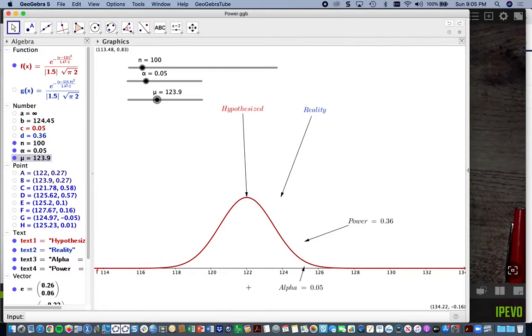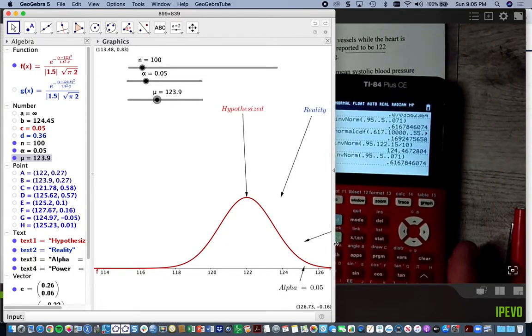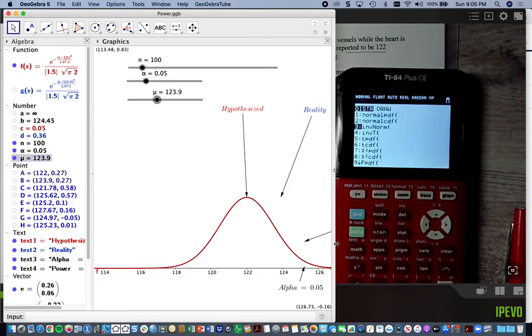To do that, I'm going to go to my calculator and do an inverse normal. I want the 95th percentile for this distribution. The mean is 122, and the standard deviation of the sampling distribution is going to be 15 divided by the square root of 100.